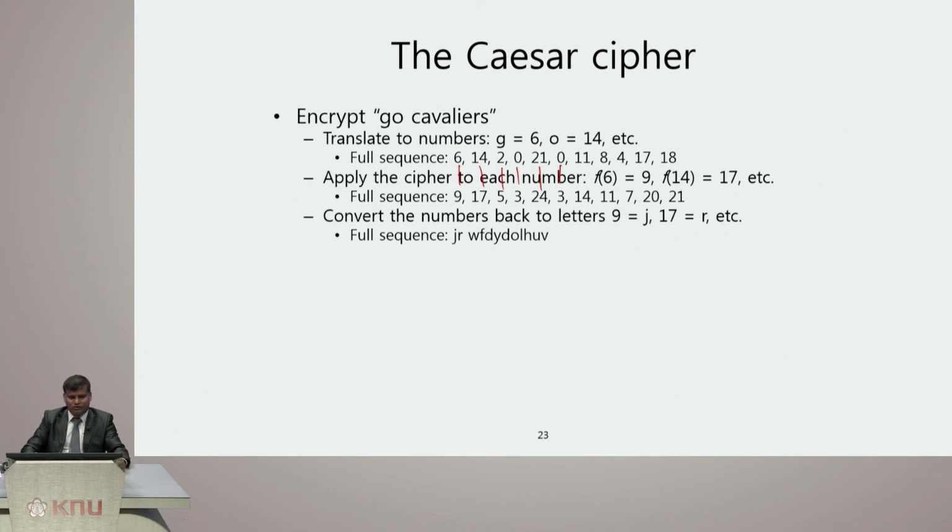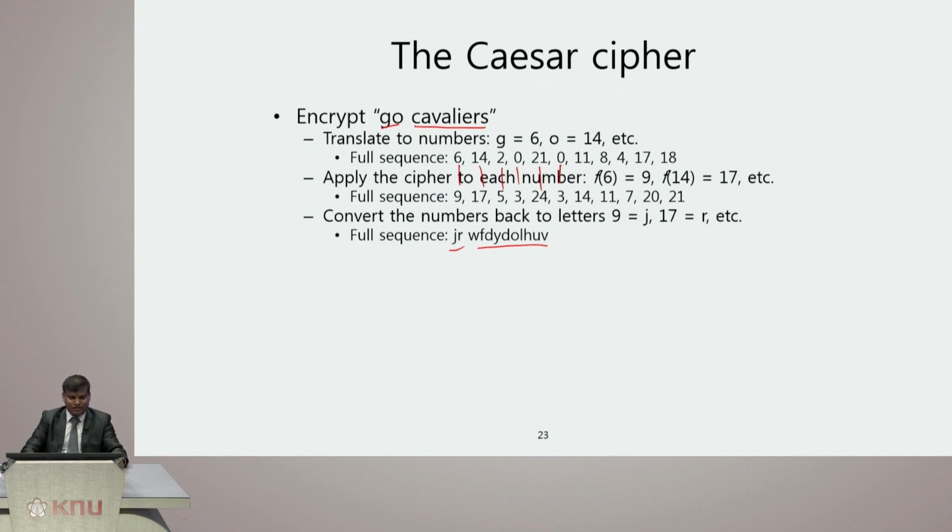That's it. Now convert back to the alphabets. So your GO becomes JR here. Initially it was GO and that becomes JR, and this part becomes this here, which means that you have in fact encrypted the message.